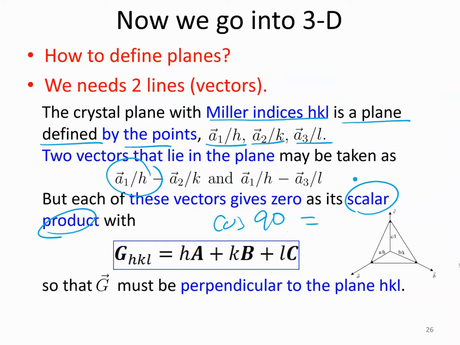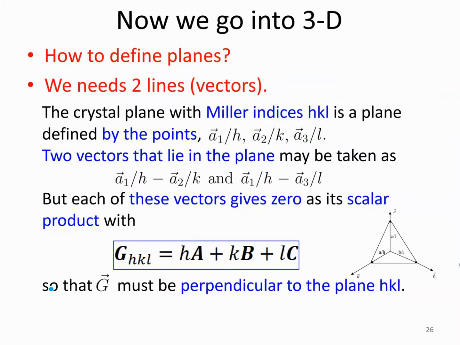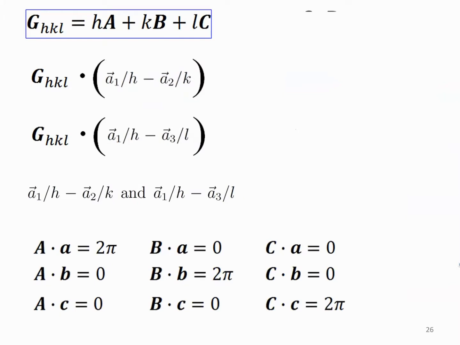Then you can say that G is perpendicular to the plane. Okay, so this is the answer. But I believe after I give all this answer, you still cannot understand, right? Then I give further explanation on this.